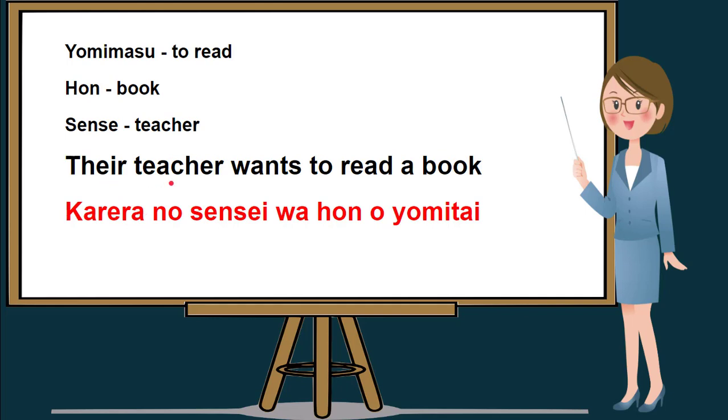Teacher, of course, is sensei. Wants to read a book is yomitai. Book is hon. So, if we translate their teacher wants to read a book, it will be karera no sensei wa hon no yomitai. Let's repeat. Karera no sensei wa hon no yomitai.